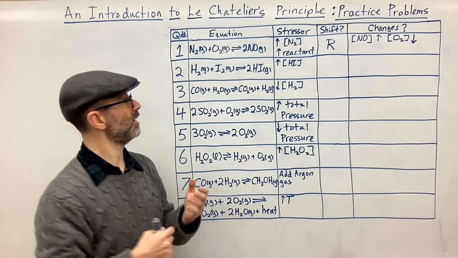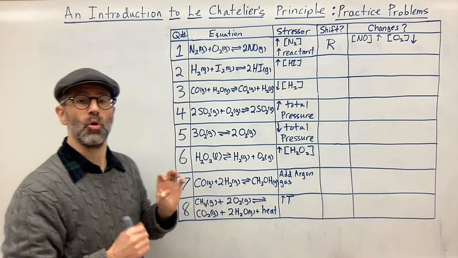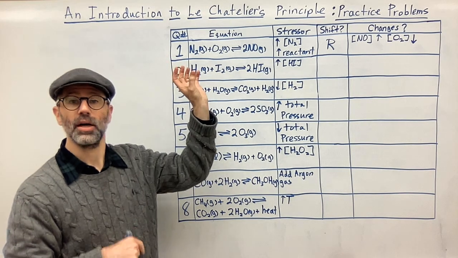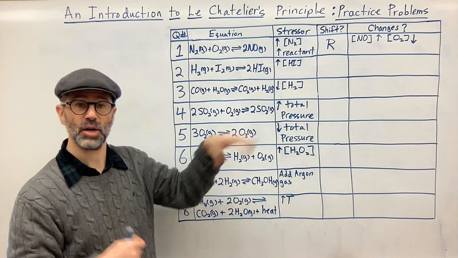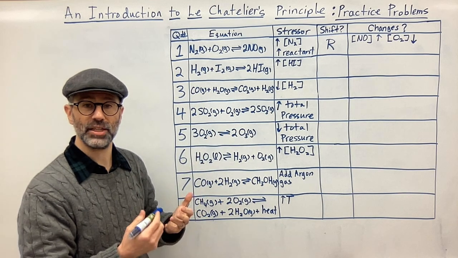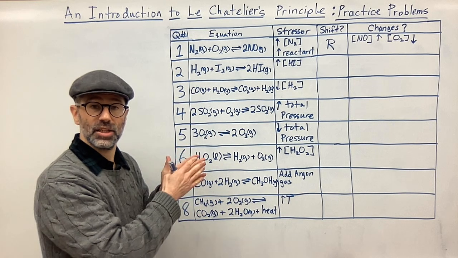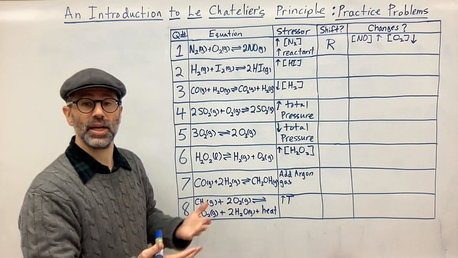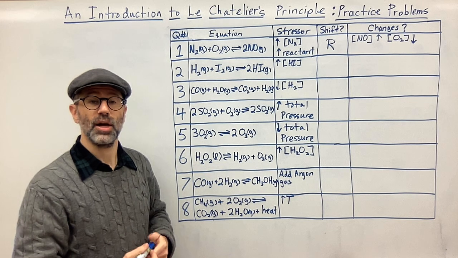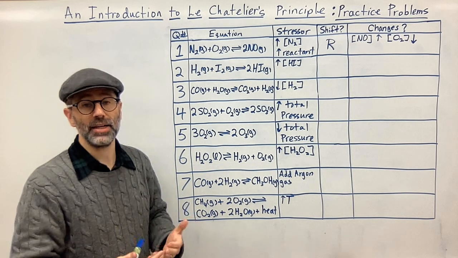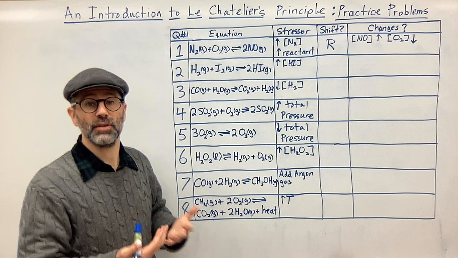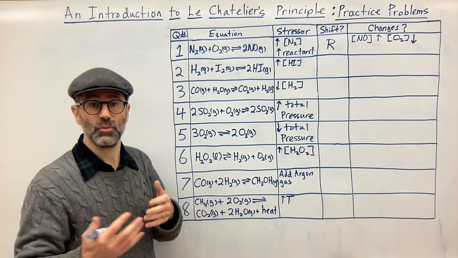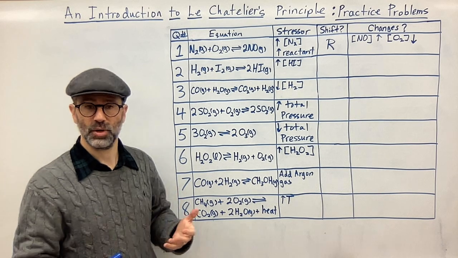So now what about nitrogen? This is where it gets a little tricky. We increased the nitrogen, so we had a lot before the equilibrium. So we threw some in there. We increased the amount of N2. Well, the equilibrium shifted towards the right to get rid of some of that N2. Did it get rid of all of what we added? No. It's going to get rid of as much as it can, but it's not going to get rid of all of it.